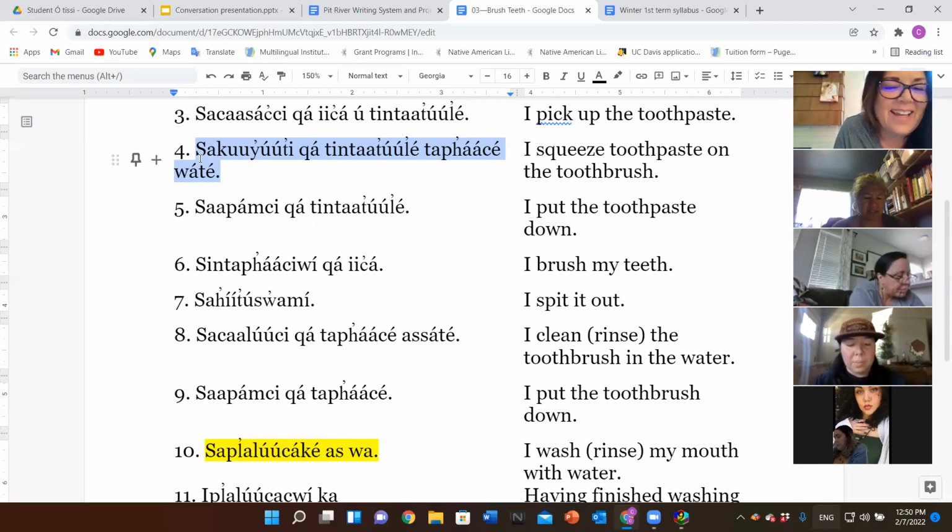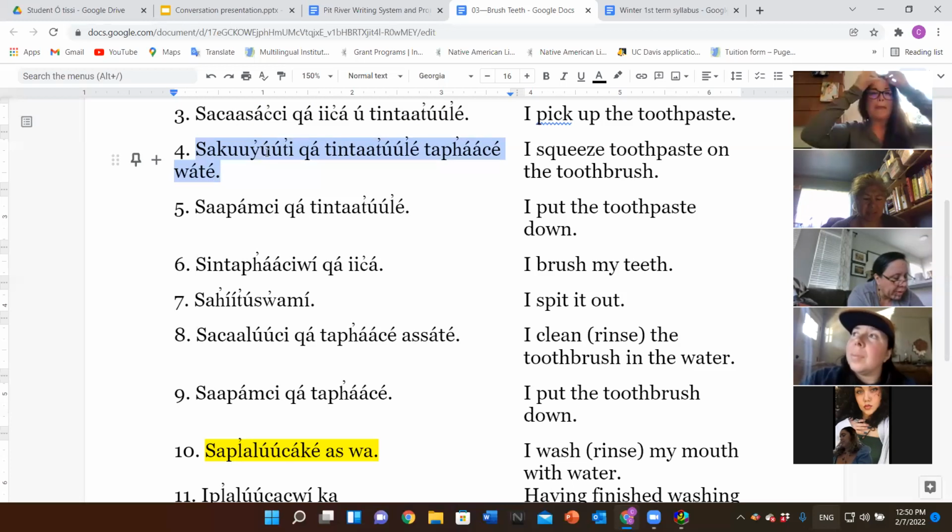Okay. So we're getting longer words, getting advanced over here. We're squeezing a little bit of toothpaste on toothbrushes. Yeah, it's a longer sentence. Totally. Some of these words are longer. But yeah, we'll get them. Sagu yuti ga dinta tule dap haje wade.